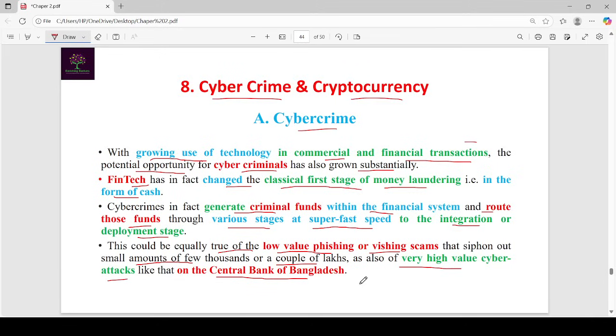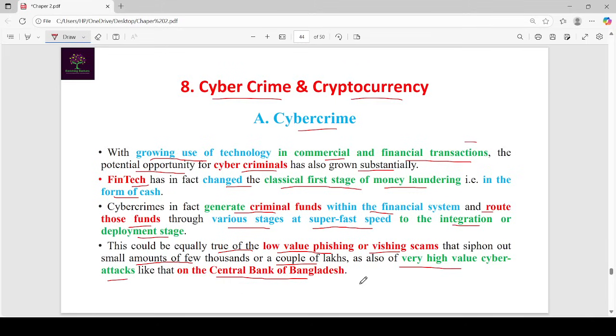That is the way cyber attacks are happening. Cyber criminals generate funds through phishing or vishing scams, and immediately route those funds through various stages at super fast speed to various countries.